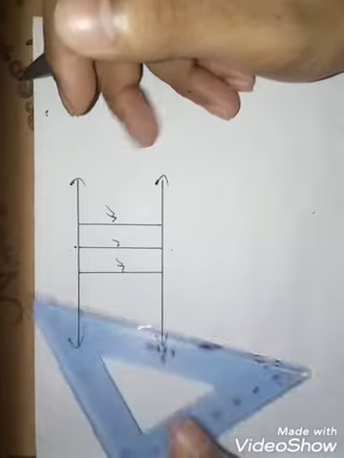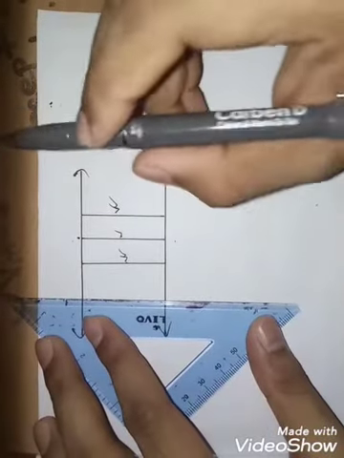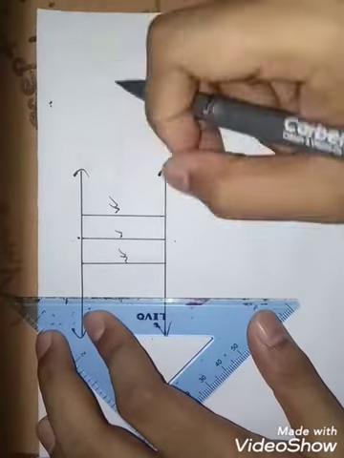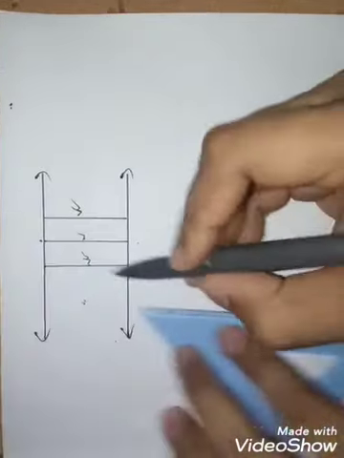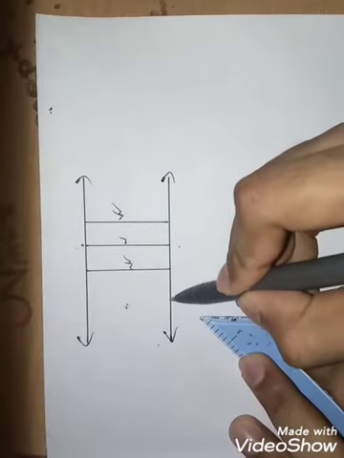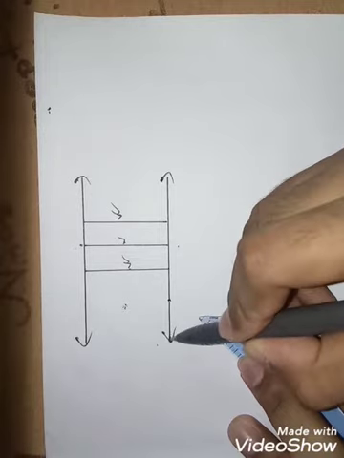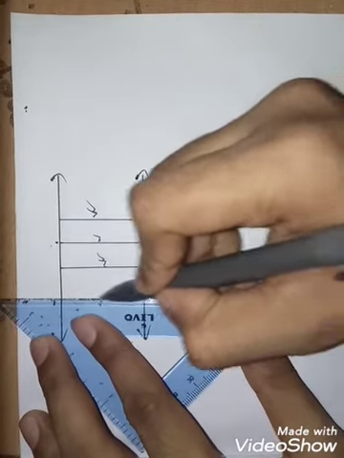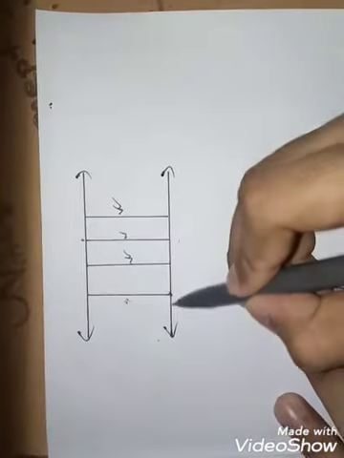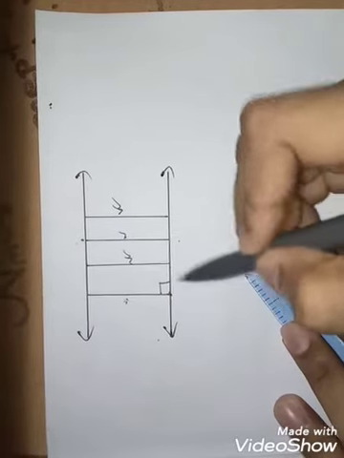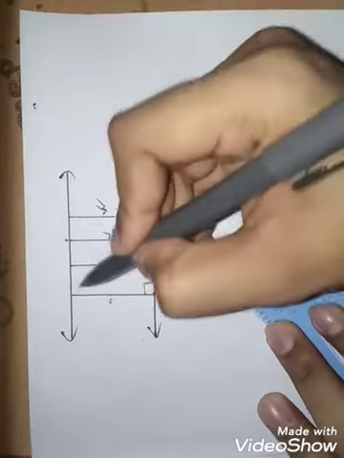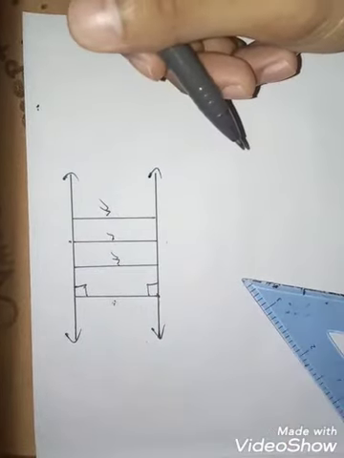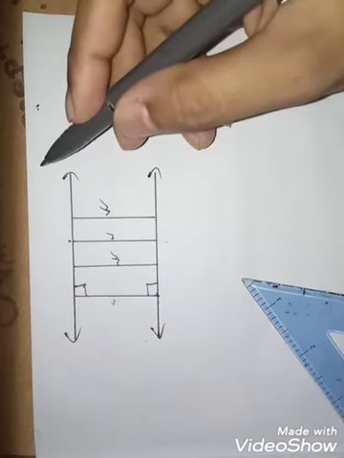That is, if you draw a perpendicular to one line among these two, suppose I am drawing a perpendicular on that point on that line, and if that line is also perpendicular to this line also, we can call these two lines parallel.